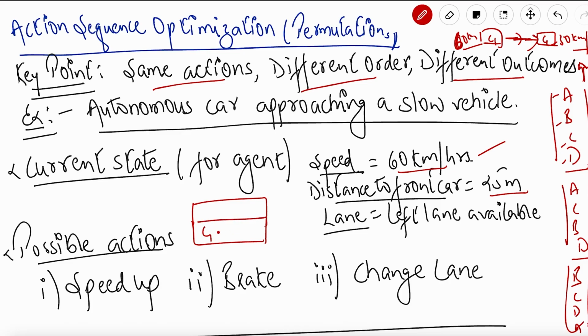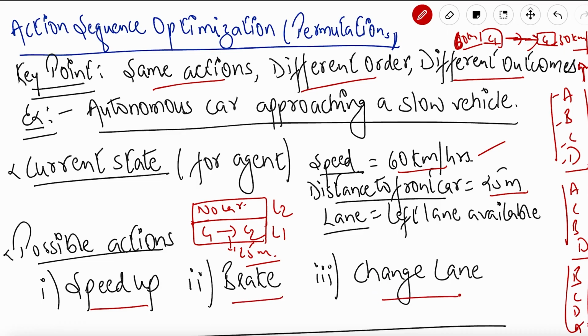Our car is here, this is C2. This is lane 1 and this is lane 2. So lane 2 is available, there is no car here as of now. So lane 2 is available for C2. Now what are the possible actions that C1 can take? Number one, it can increase the speed, it can apply the brake, and it can change the lane.